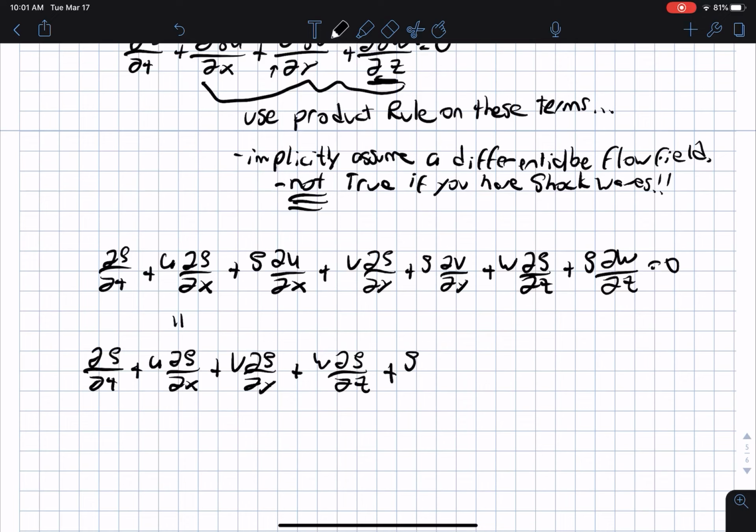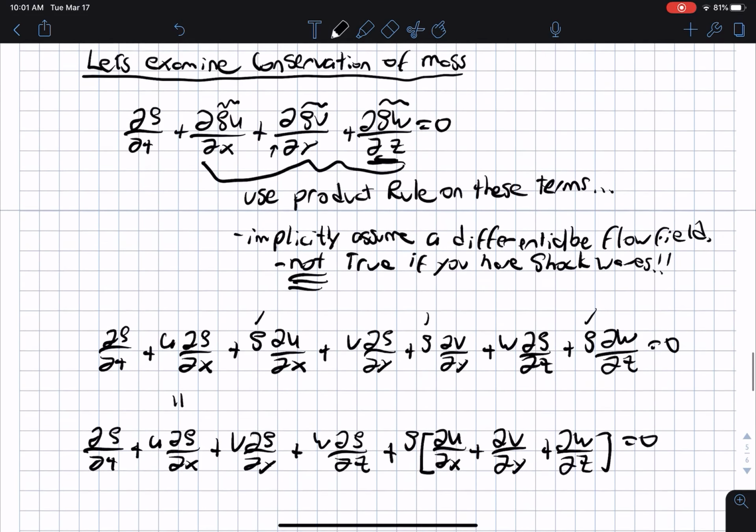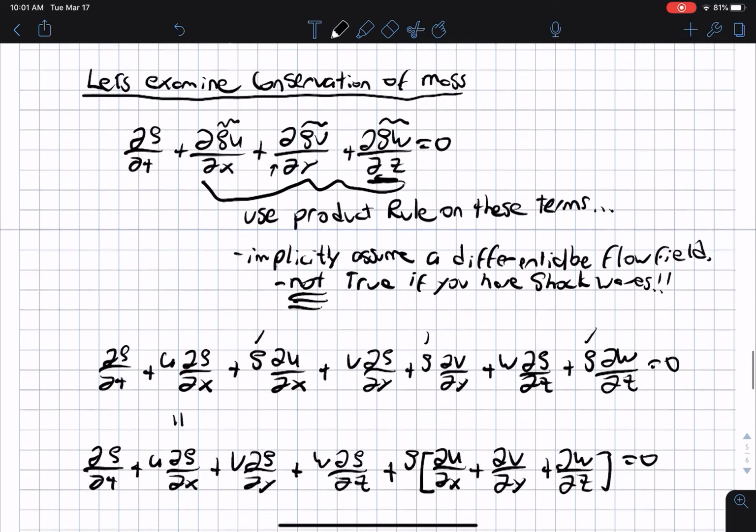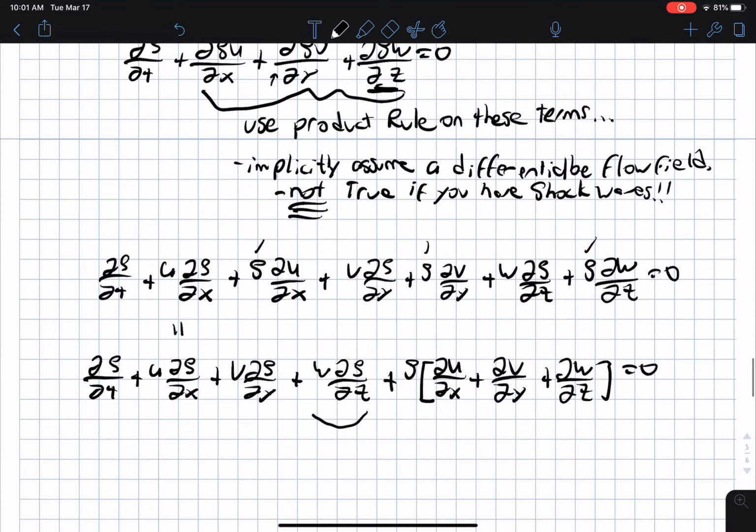plus the density, these terms here are all multiplied by the same density, the density times partial u partial x, plus partial v partial y, plus partial w partial z, and this is equal to 0. Notice here, this is just d rho dt.